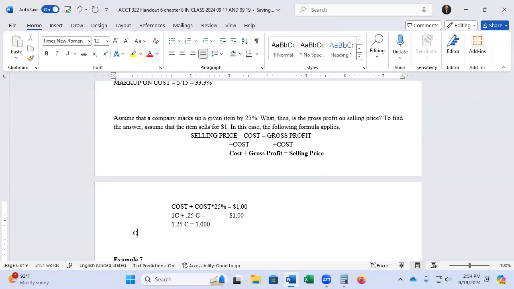And so our markup on cost equals $1 divided by 1.25, or 0.80.